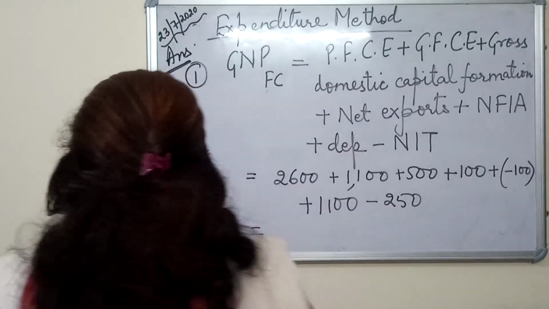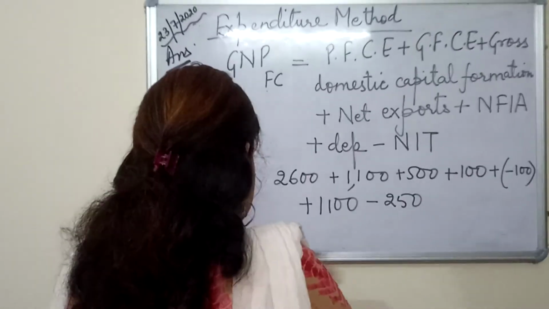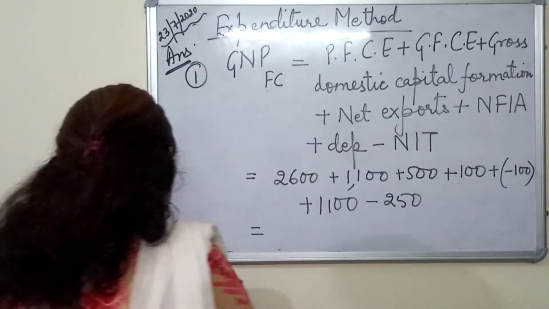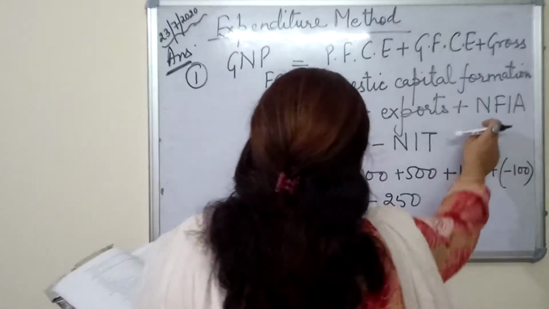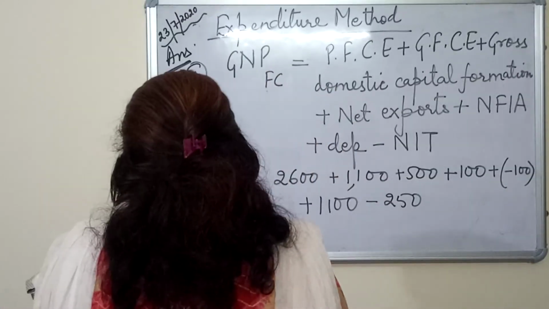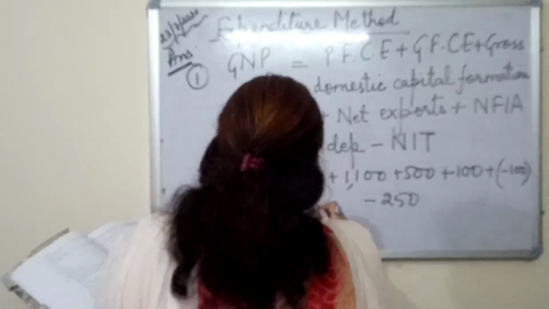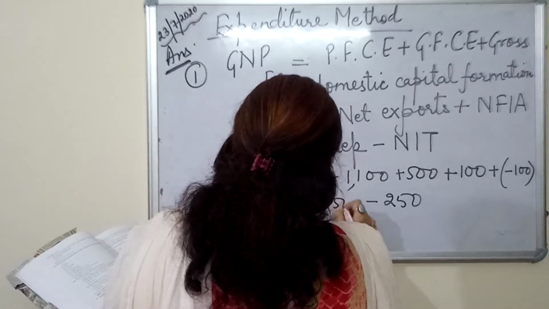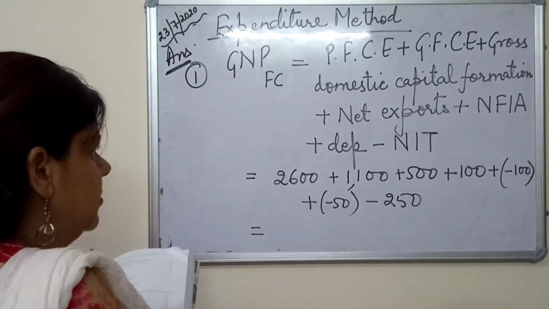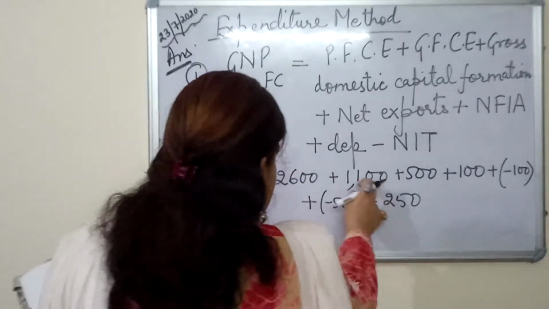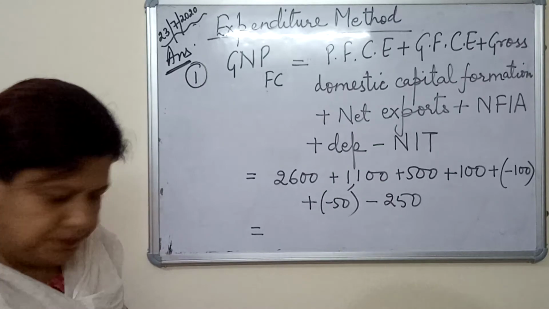NFIA is minus 50 in the question. So what you get is 2700.